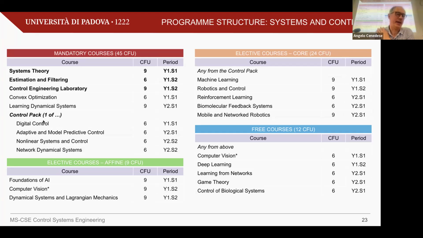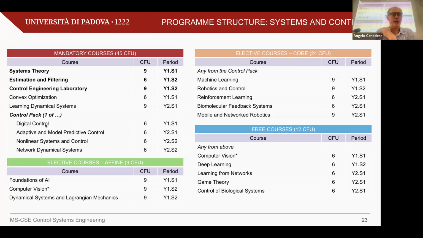Okay, so let's say that all our courses are self-contained. We are not requiring prerequisites in the courses apart from these courses here. These are mandatory, and we require all the content of these courses to be known by you for all the others.